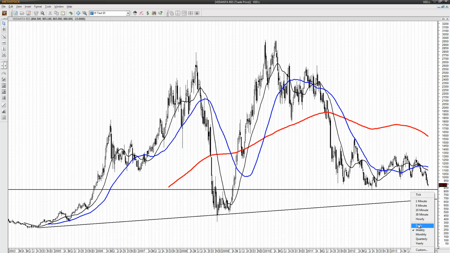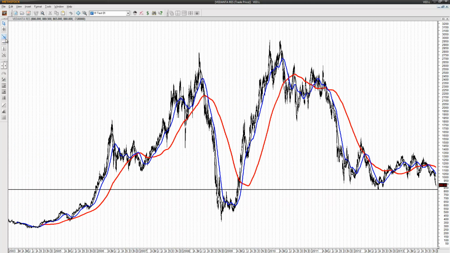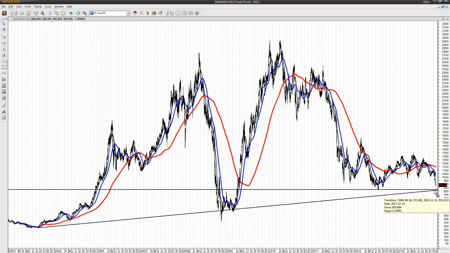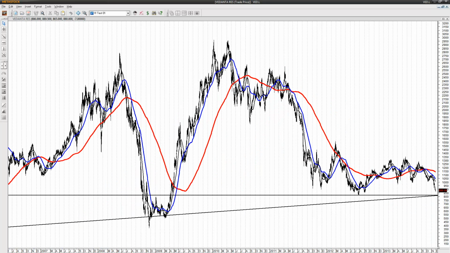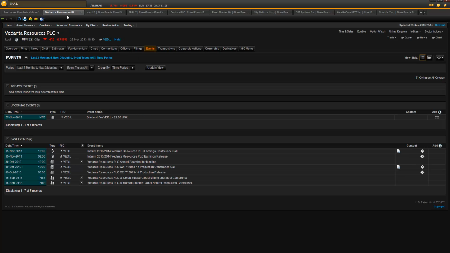In this case you need to take the daily, and if you connect the troughs, you might come up with the same kind of support level. I got this level to 820.60. That's where I put in my support level and my buy limit order. Check for earnings, Vedanta, no earnings are coming up.